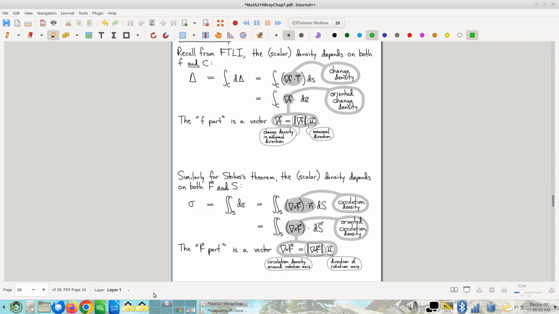Okay, so here's where we were last time. We were talking about this kind of weird idea of an oriented density. You may remember I referenced this back in chapter 6, I guess it was, and pointed out the gradient is what you might call an oriented density.